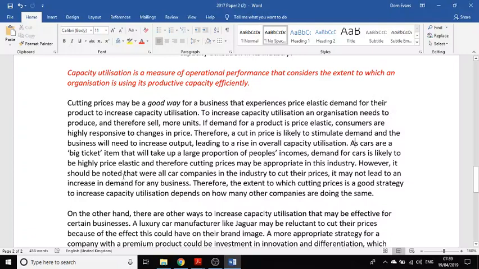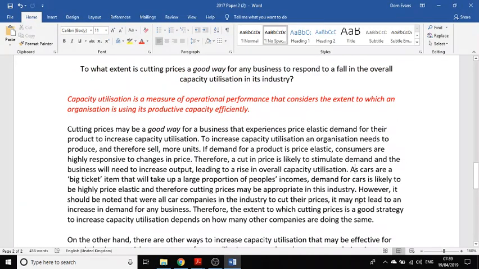However, it should be noted that were all car companies in the industry to cut their prices, it may not lead to an increase in demand for any business. Therefore, the extent to which cutting prices is a good strategy to increase capacity utilization depends on how many other companies are doing the same. So it says here a fall in the overall capacity utilization in the industry.